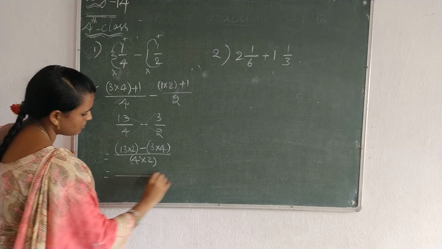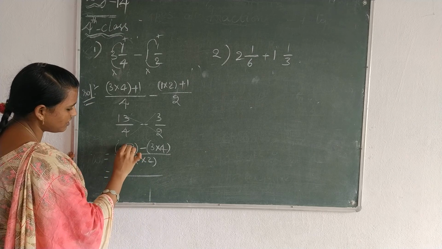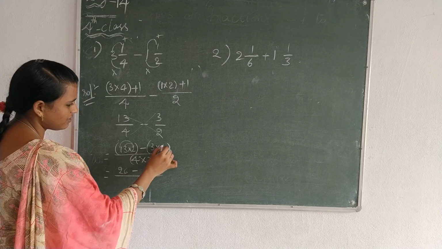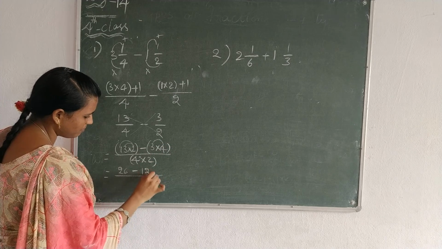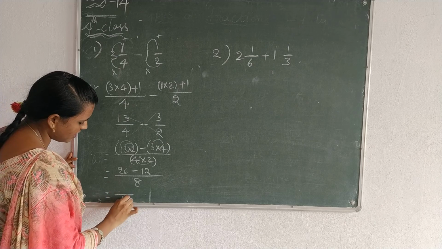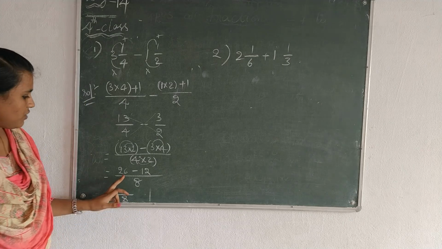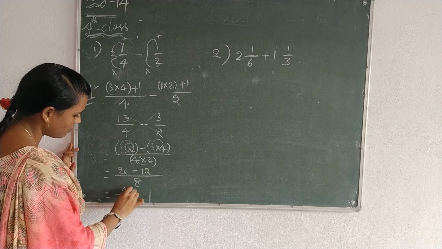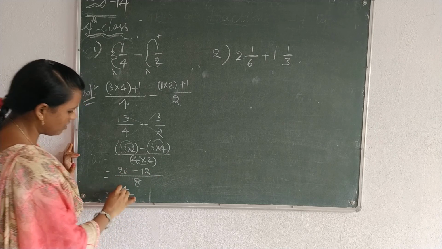Let's see. 2 3s are 6, 2 1s are 2, minus 3 4s are 12. 4 2s are 8. The denominator is 8. And see, 26 minus 12. Subtract: 6 minus 2 is 4. 2 minus 1 is 1.